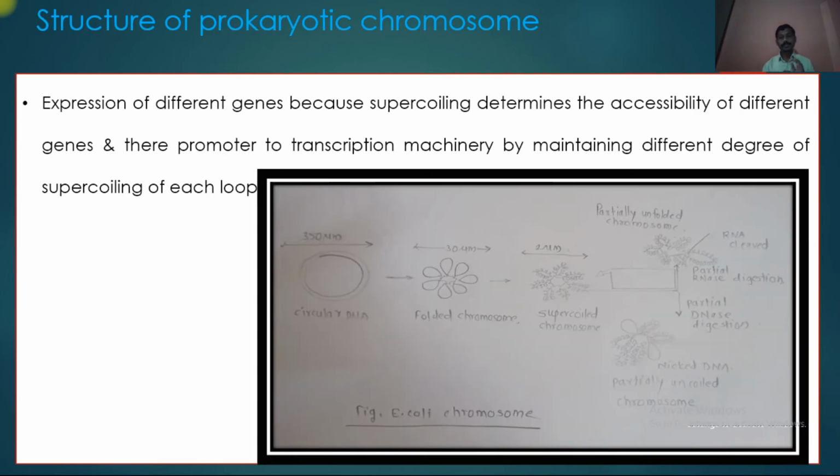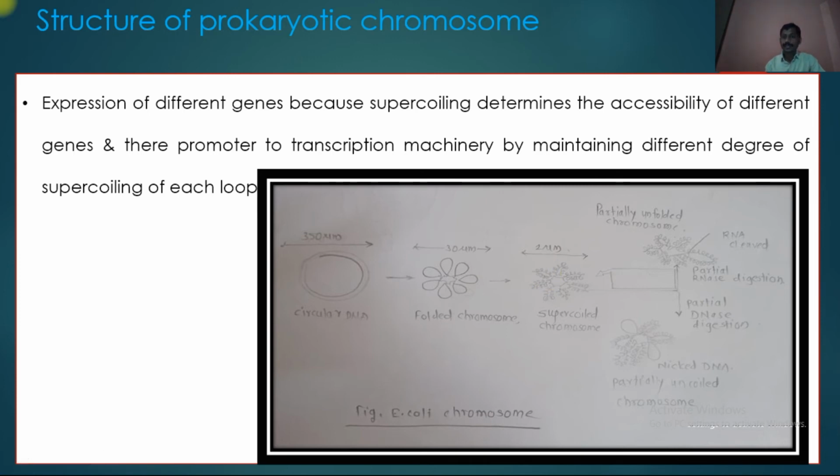The question arises about this supercoil structure and the expression of genes. For expression or replication, DNA needs to be double-stranded or single-stranded in structure.